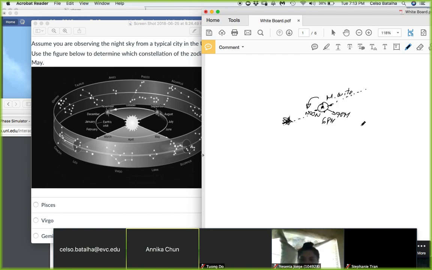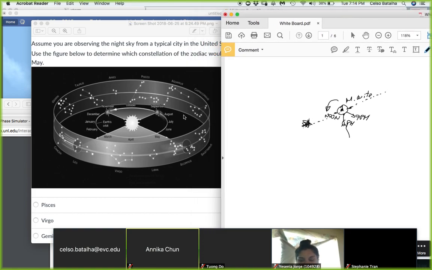Okay, yeah, absolutely. So at 9 p.m., this person here on Earth is looking basically not at a line perpendicular to the line connecting the sun and Earth, which would be this line over here. In fact, I think I made a mistake. It's not Virgo.